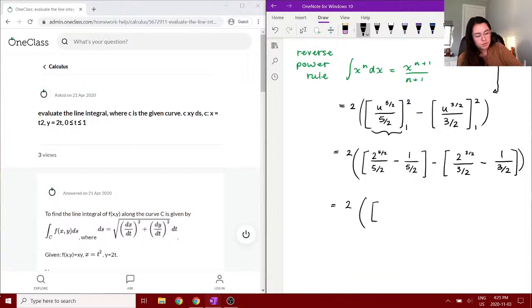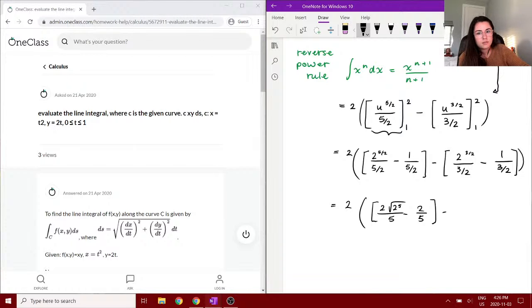And I'm just going to move the 2 from the denominator, because it's a fraction in a fraction, and simplify that a little bit. So we've got 2 times square root of 2 to the 5 divided by 5, minus 2 divided by 5. That's just rearranging this fraction here and flipping the 2 up on top.